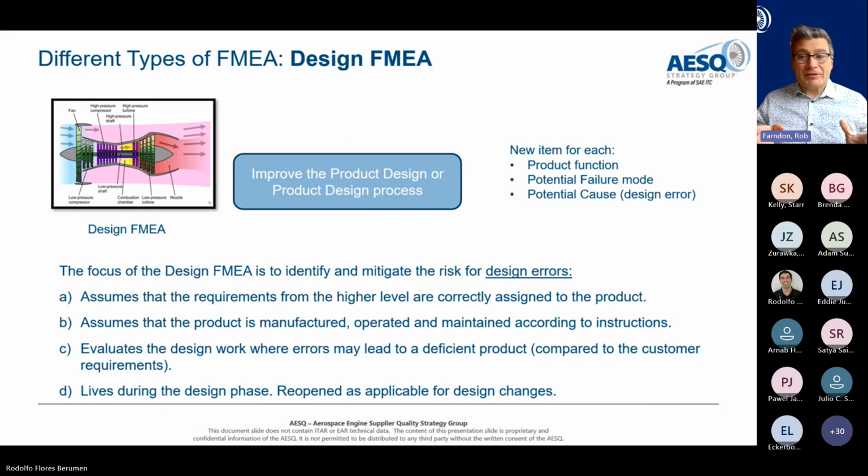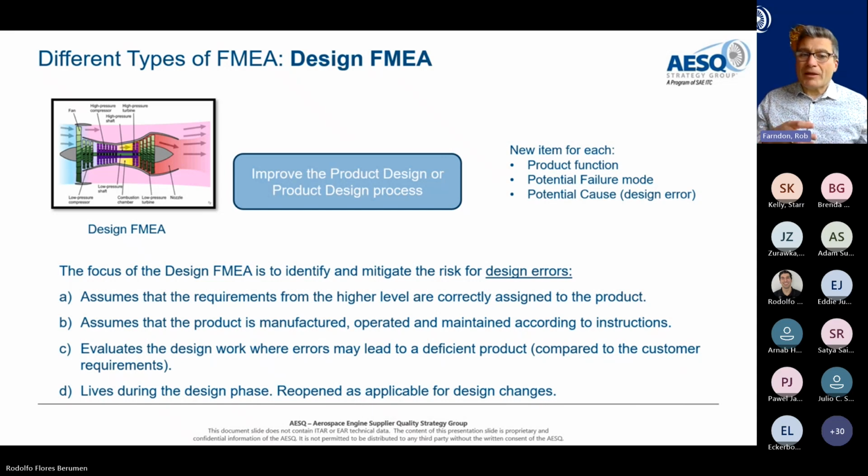The reason for that assumption is that there are other tools that are going to deal with the risks associated with it not being operated, manufactured, maintained in accordance with the instructions. So we're very much focusing inside the design bubble here.